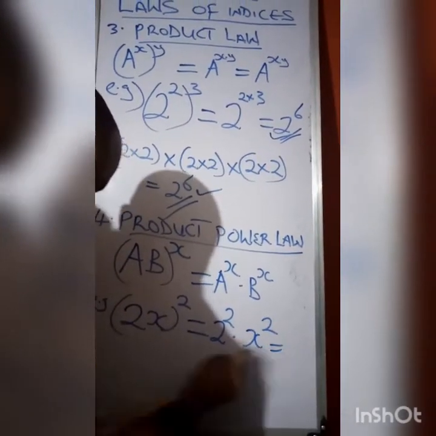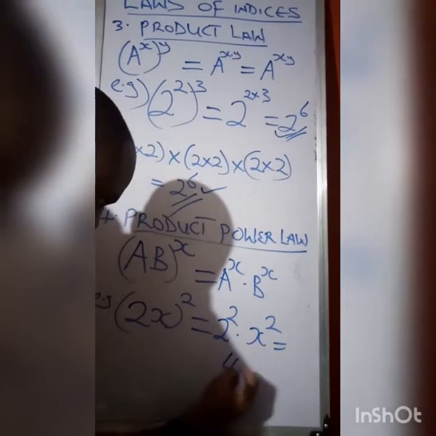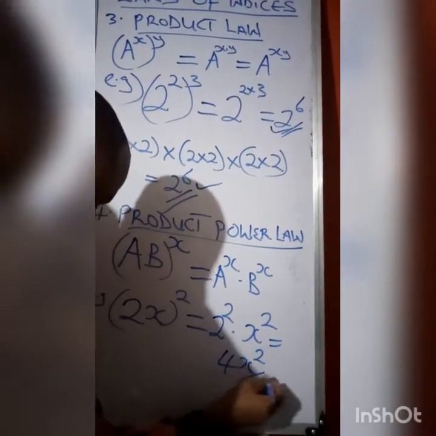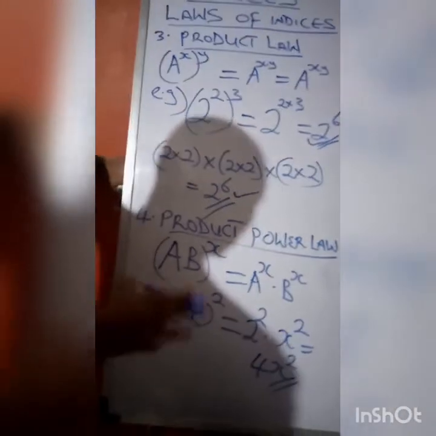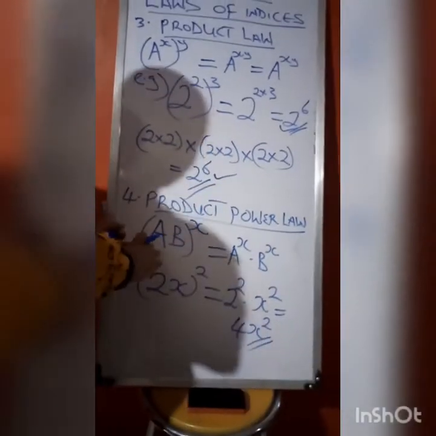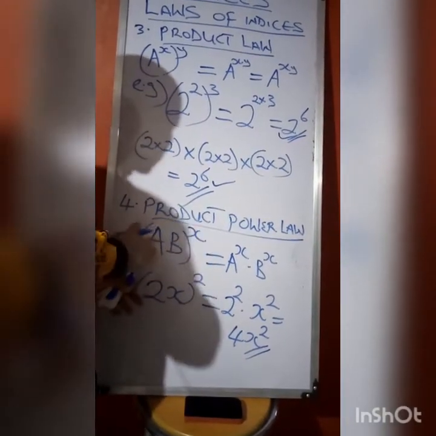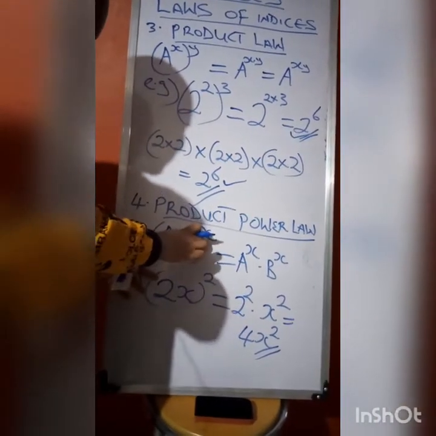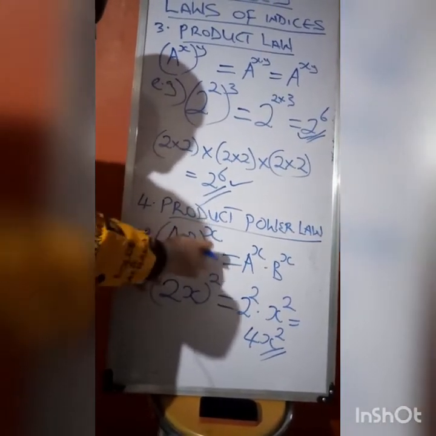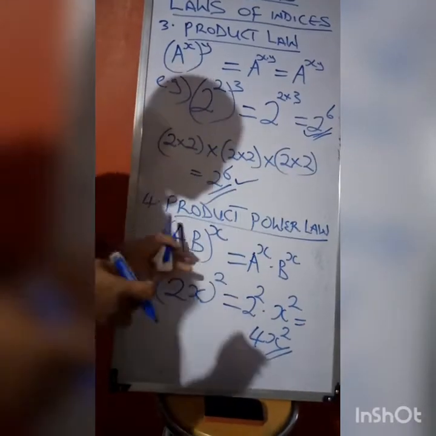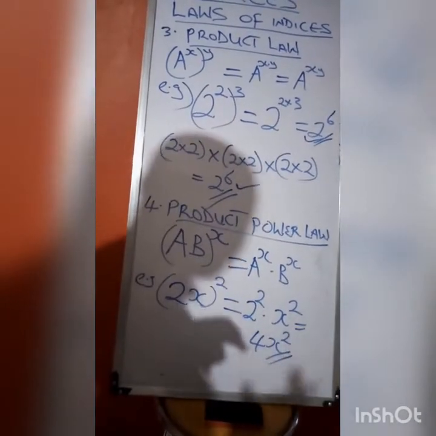So this is the same as saying 2 squared is what? 4x squared. Now this is what the product power law is telling you: that when you multiply a certain product and all are in brackets with a certain index, to open up the brackets, this index must be reflected in each of the items that make up the product. That is the product power law.